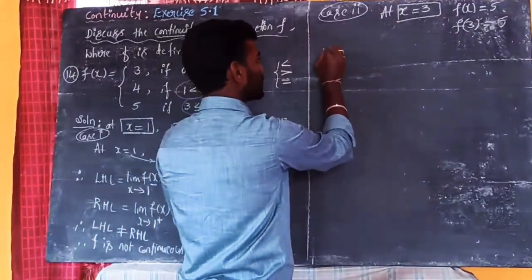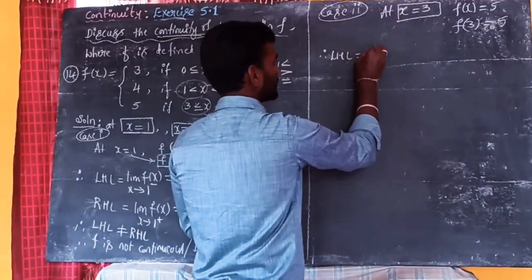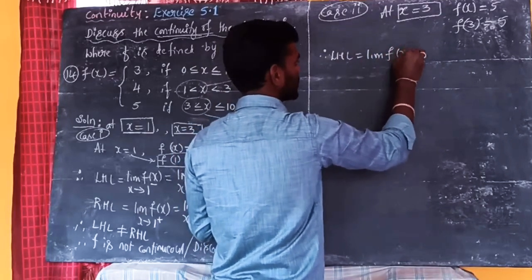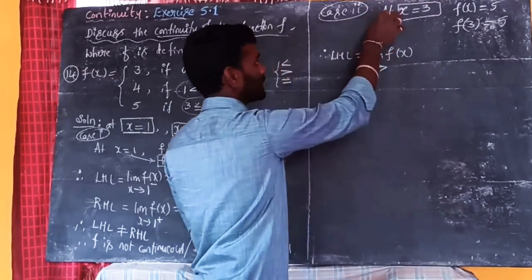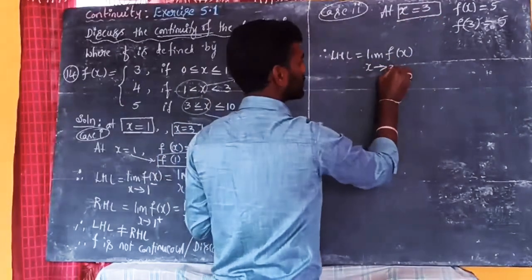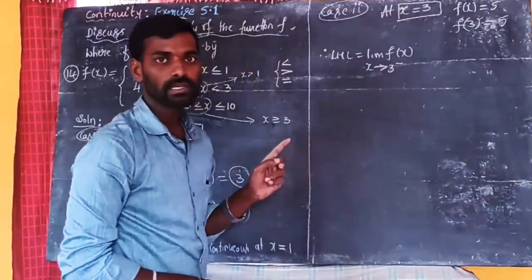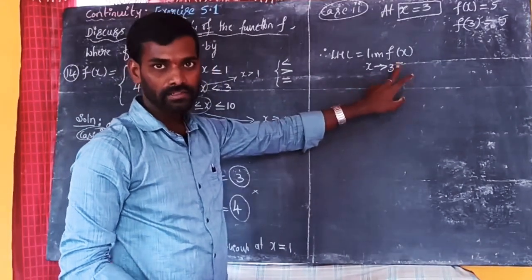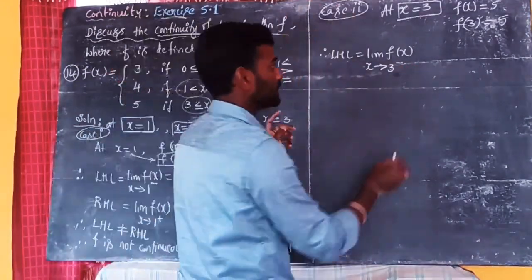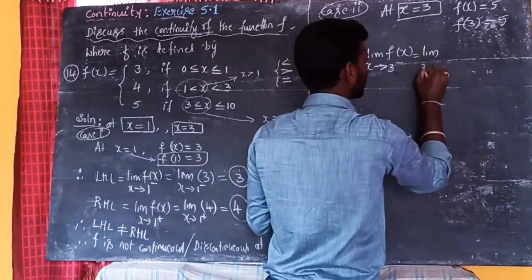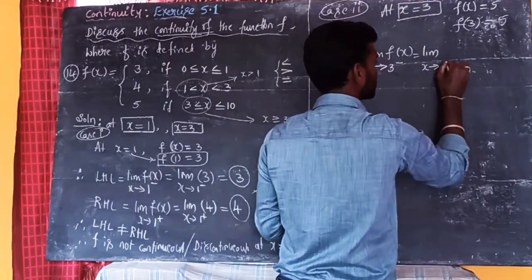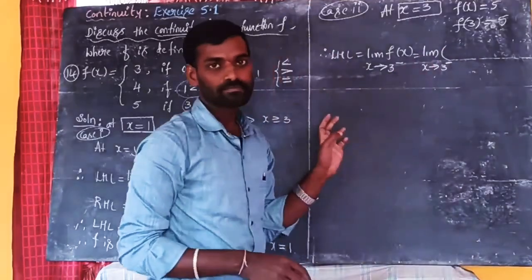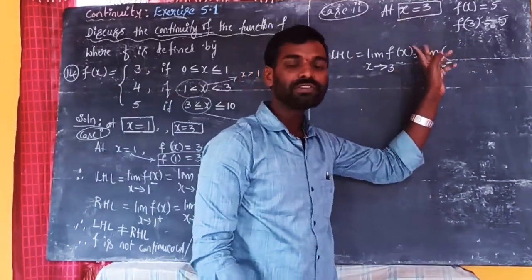So the left hand limit, LHL, is equal to the limit of f of x as x tends to 3 minus. 3 minus is different from 3. Okay guys, here that is equal to the limit as x tends to 3 minus of f of x. 3 minus means the function which is less than 3.